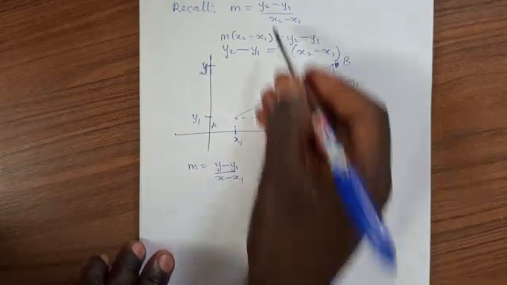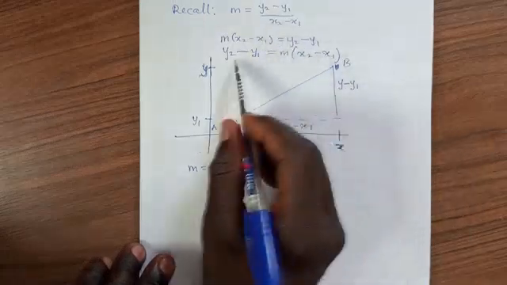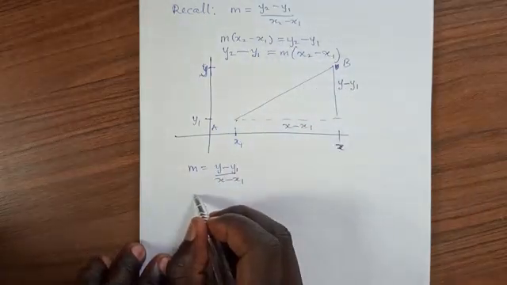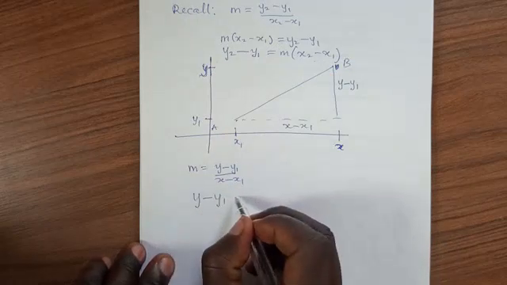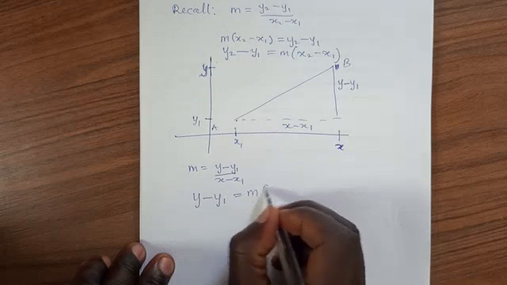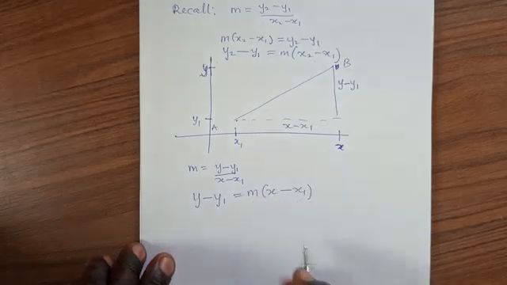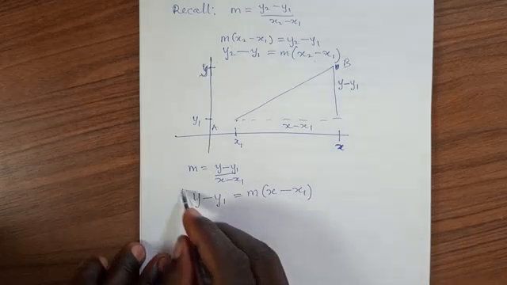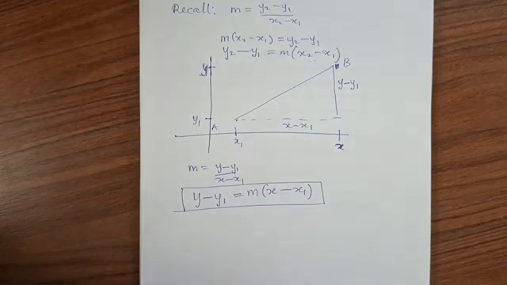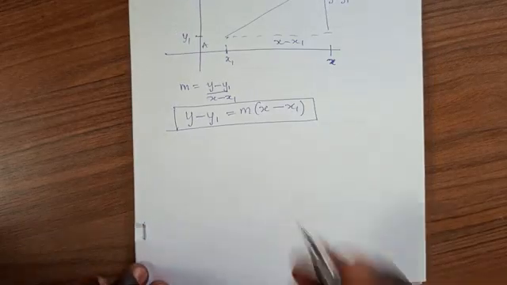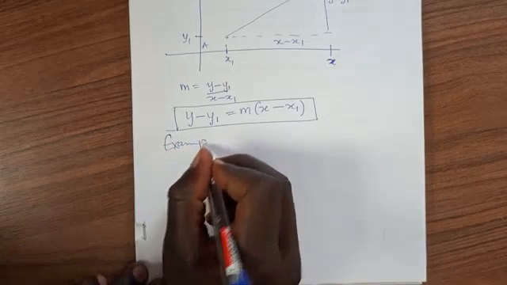So directly from this last equation, we can have that y minus y1 is equal to m into x minus x1. And that is the equation of a line with a given gradient and one given point. You can easily find an example.